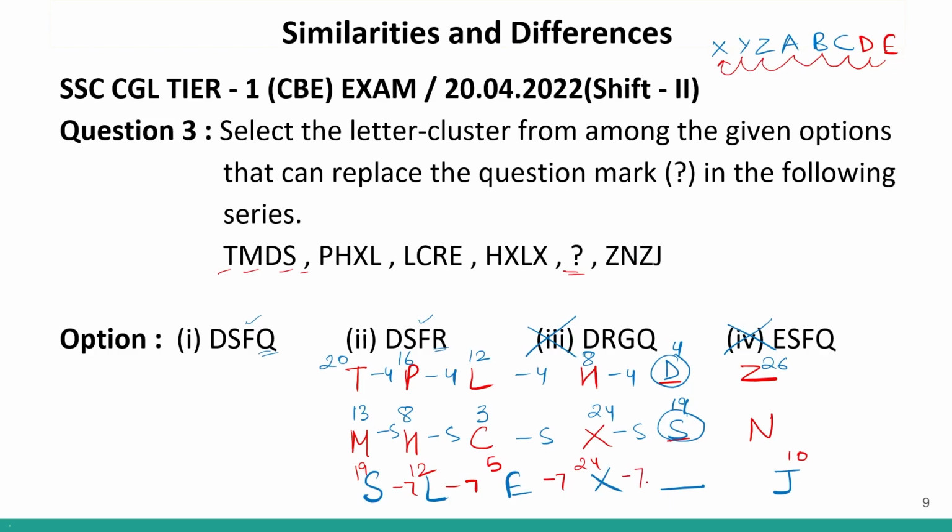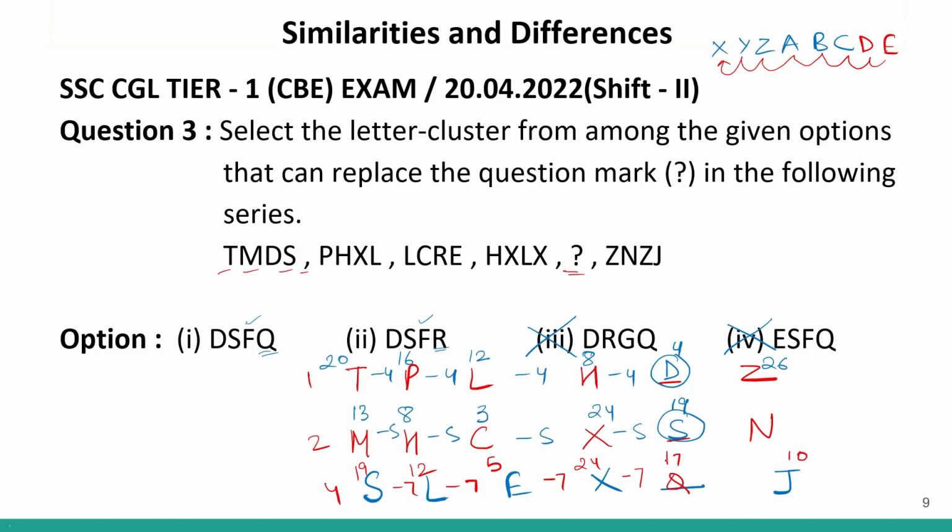So if I move 7 positions back from 24, the term will be at the 17th position, right? So at the 17th position, we have Q. So my term, the last term, this is the first term, second term, and this is the fourth term.